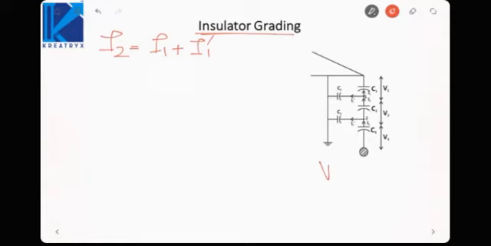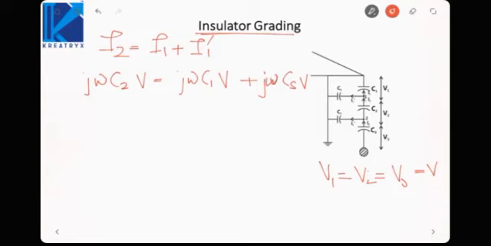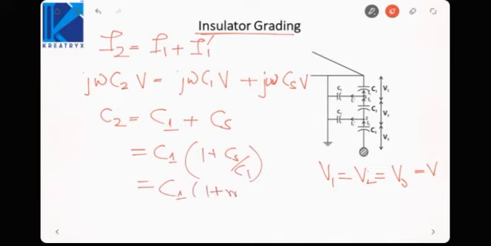Here I am assuming 100% string efficiency, so V1 equal to V2 equal to V3 equal to V. So I2 will be j omega C2 V, I1 will be j omega C1 V, and I1 dash will be j omega Cs into V. Okay, so here C2 will be equal to C1 plus Cs, or C1 into 1 plus Cs by C1, that is C1 into 1 plus M, if we define M as Cs upon C1.